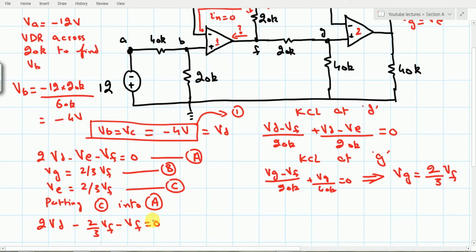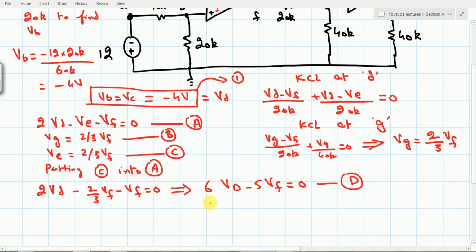So this gives me 6 times VD minus 5 times VF equal to 0, and let me call this equation number D. Because we know the value of VD through equation number 1, using it in equation number D, the value of VF comes out to be equal to minus 24 by 5, which is minus 4.8 volt.